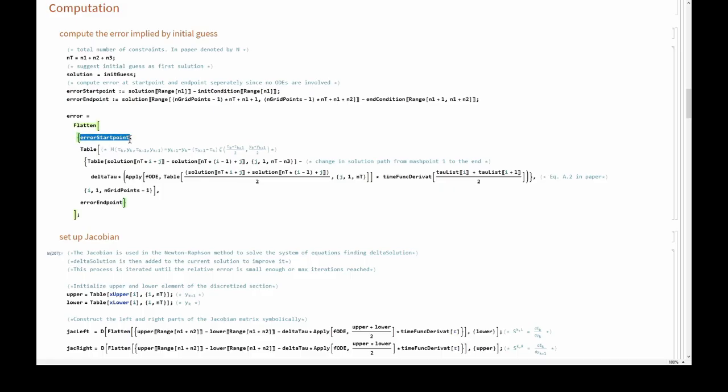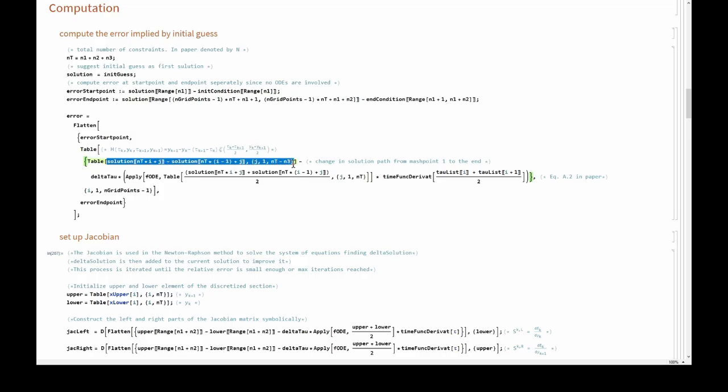Okay, so we said the error is at first the error of the start point, at last the error of the end point, and in between this error function. So let's look at it. First we evaluate our guess, right? This is the y. So we evaluate how much the system changed in our initial guess in this case, and this is what this first table here does.